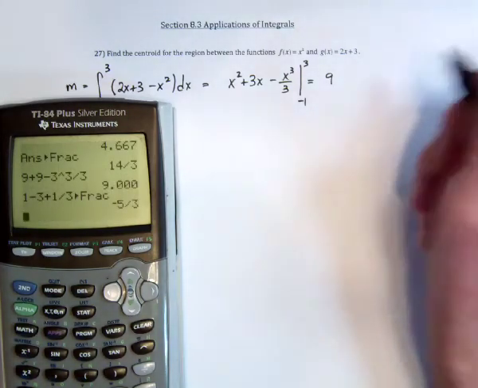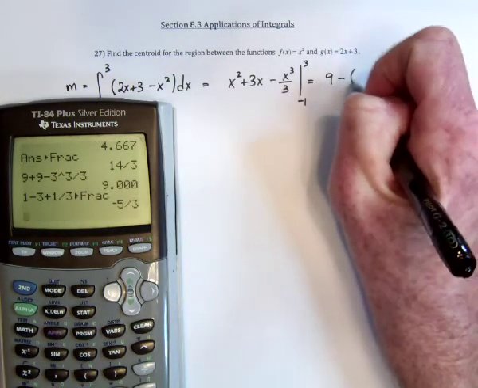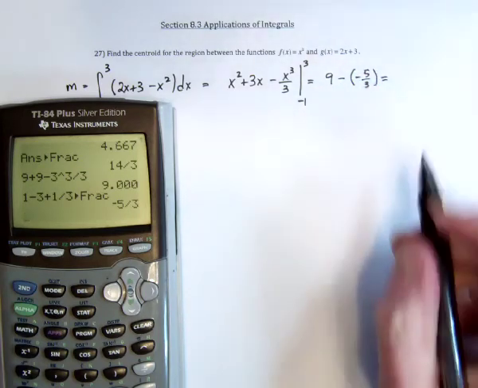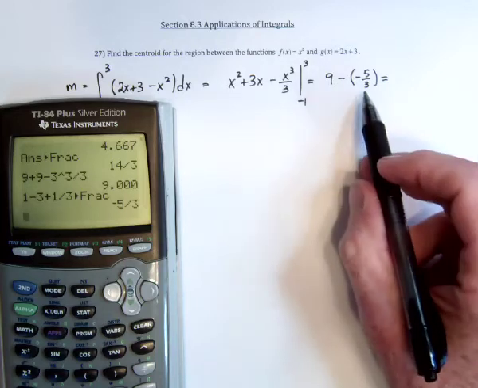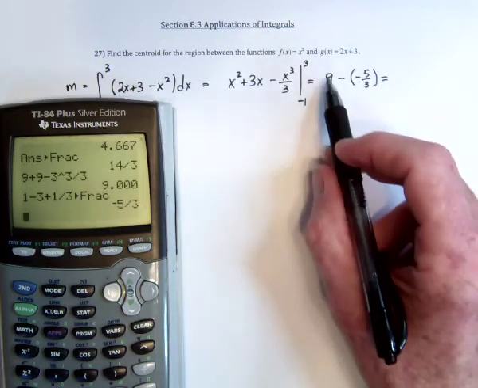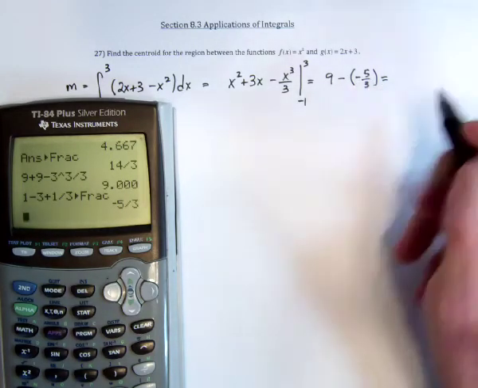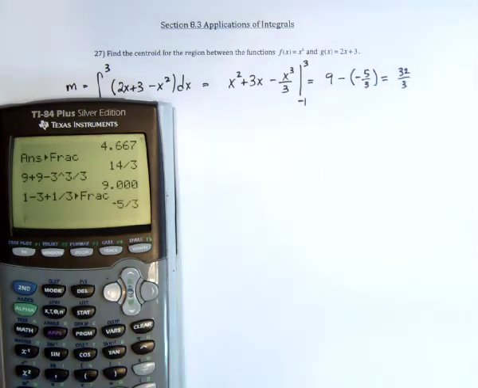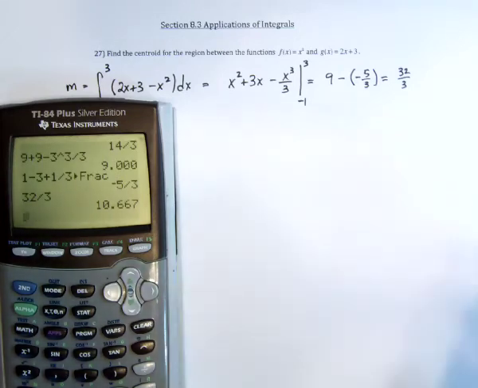And now we need to subtract that, so minus -5/3 means that you actually add it. So that's 27 and 5 is 32/3, or 10.667, depending on if you want decimals or fractions.